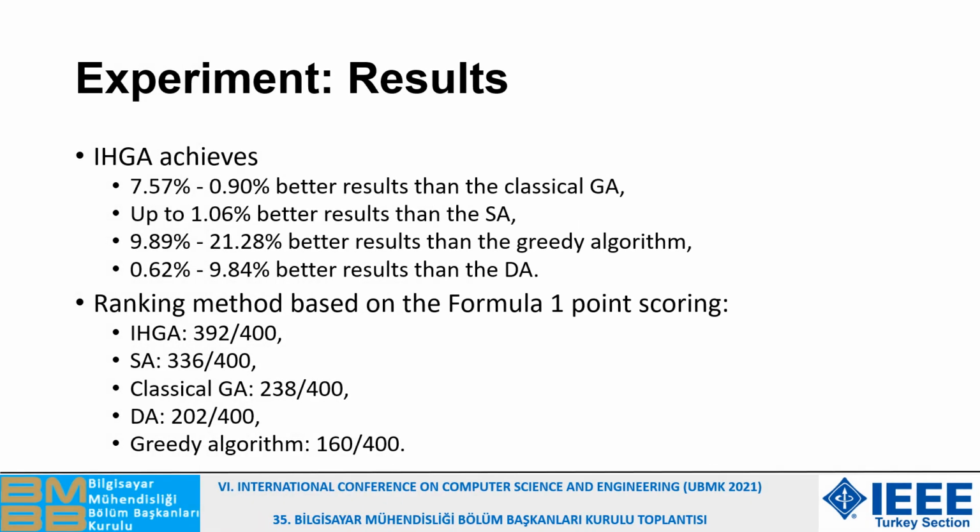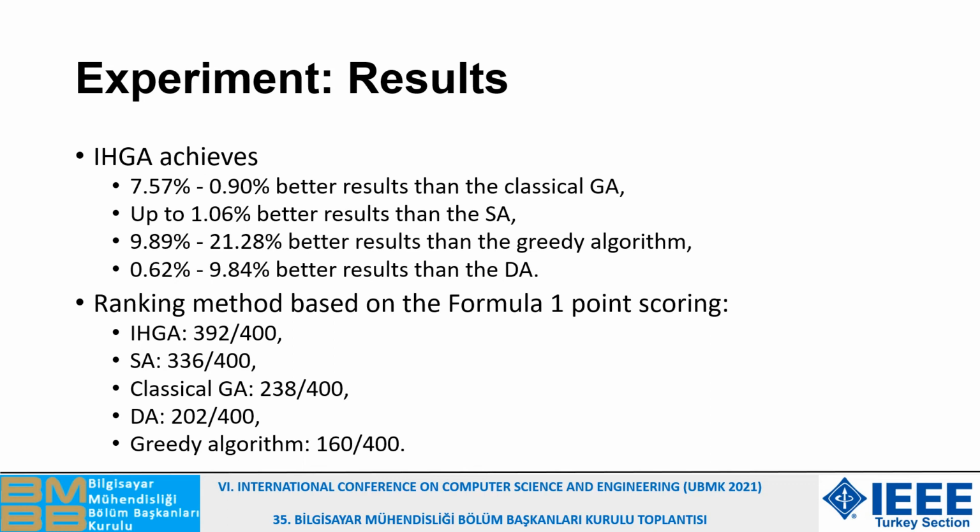We have talked about the success percentages based on the benchmark instances. Here, we share the improvements based on all the instances. The improved hybrid GA produced from 1.06 up to 21.28% better solutions than the other algorithms.